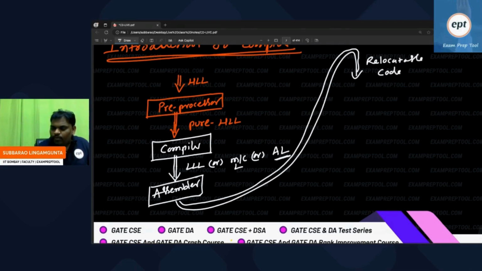Relocatable code. Some people are thinking that, so Reddy sir, why are you going from the bottom to top? Is there any logic? Arey bhaiya, no logic yaar. Lack of space, I am going. Some people, even though in their notes there is a gap, still they are going, thinking that some logic is going on. Arey bhaiya, no space below assembler, so I am going right hand side, topmost corner.